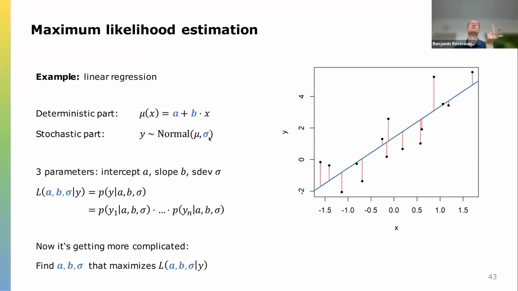But in the maximum likelihood framework, you also have to estimate the standard deviation, sigma. So these are 3 parameters. And the likelihood function of all these 3 parameters together, given all your observations, is the multiplication of all these functions here: the probability density function of the first data point given A, B, and sigma, and so on.